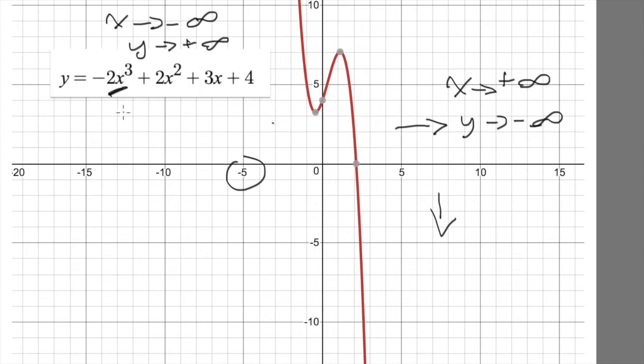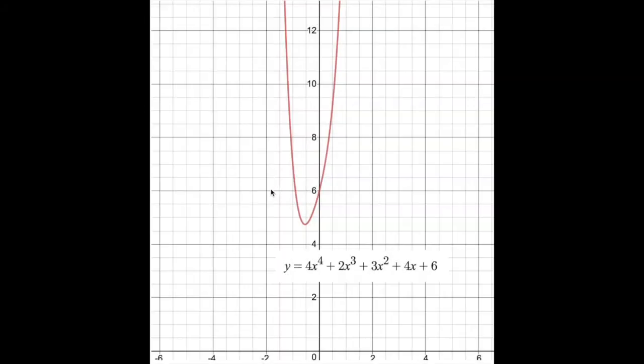Negative 5 cubed is negative 125, and that times negative 2 equals a very large positive number. So that's just plotting one point that proves our point that as x gets increasingly negative, y gets increasingly positive.